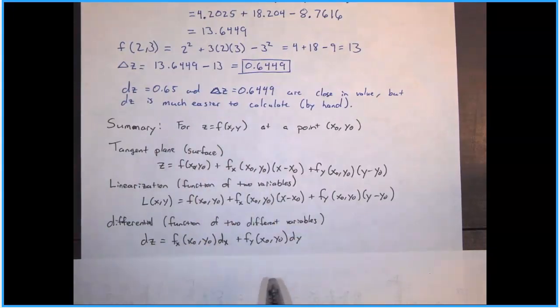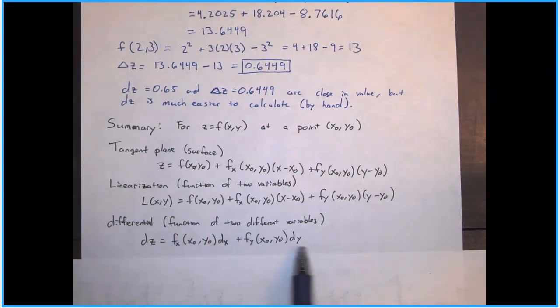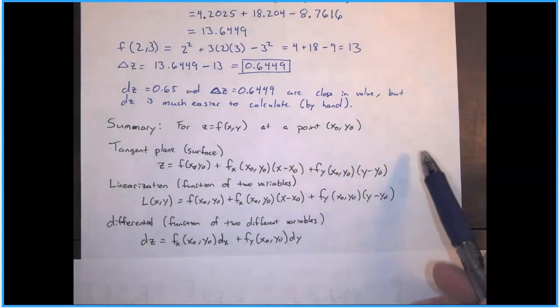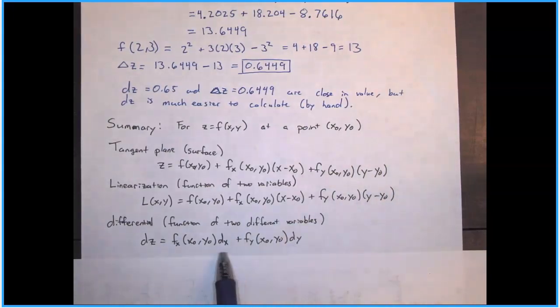And if you think of this small change in x as x minus x naught, this small change in y as y minus y naught, and this small change in z as z minus f of x naught y naught, or z minus z naught, then you'll see that this is really the same equation as the other two, just a different context. Now here, we don't actually think of these as differences, right? This is just going to be some small number, and then we get our answer.